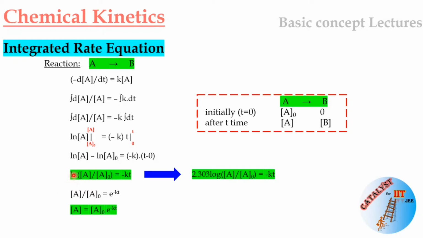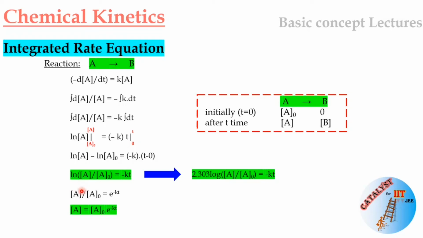Because in case of ln, the base is always e, whereas in case of log, the base is 10. So this is the factor to convert from ln to log. You need to remember that, or otherwise you can do that using your calculator. So what you get from here is 2.303 log A by A0 equal to minus kt.